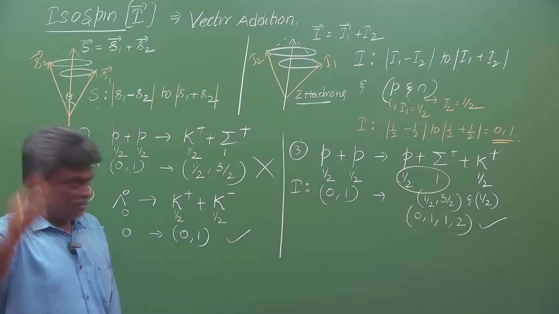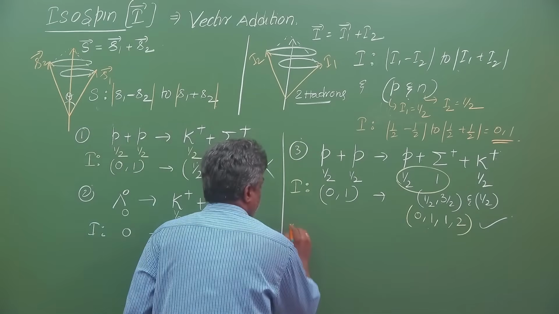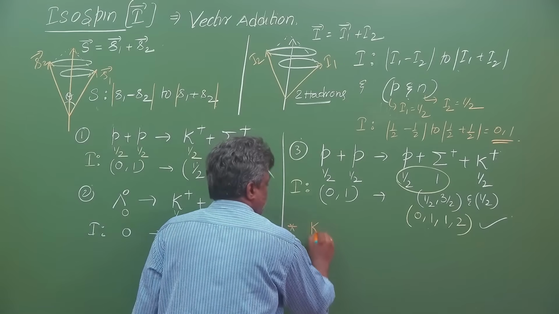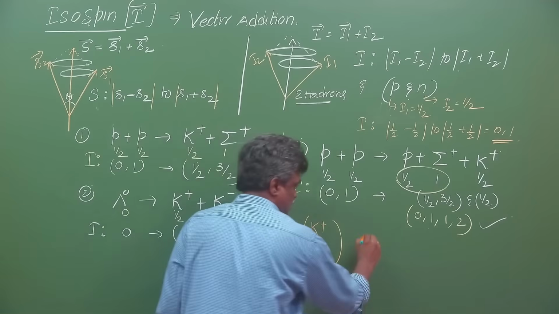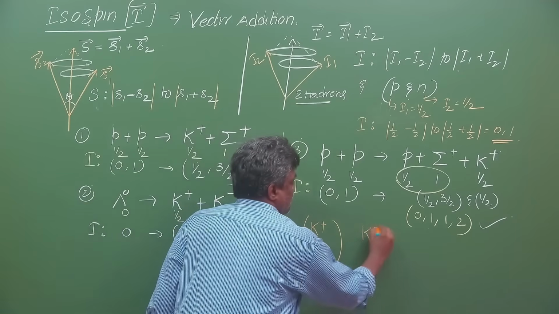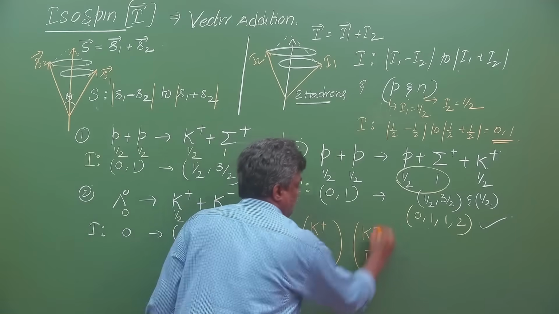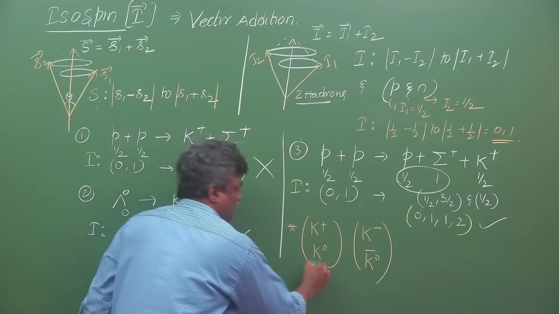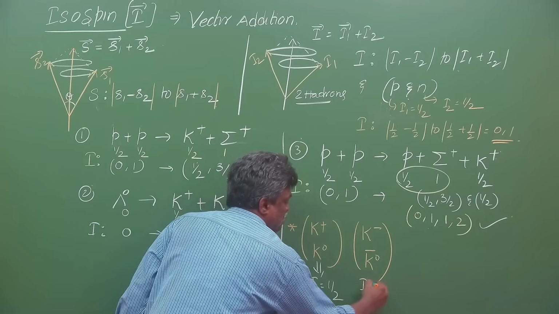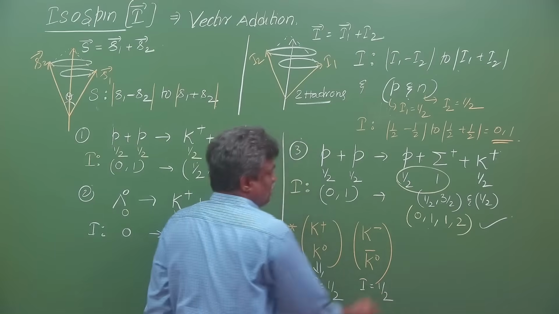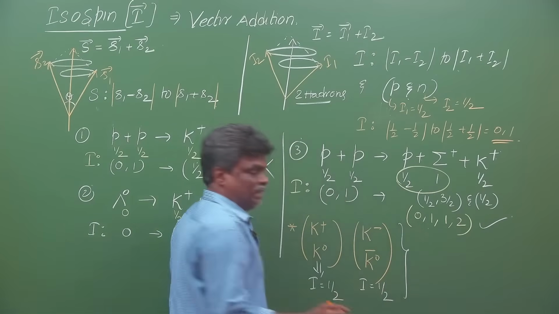Clear? And the last and final statement. See, K plus and K naught: particle or anti-particle? K minus and K naught bar: particle group or anti-particle? Here also isospin 1/2. Here also isospin. So finally what is the conclusion?